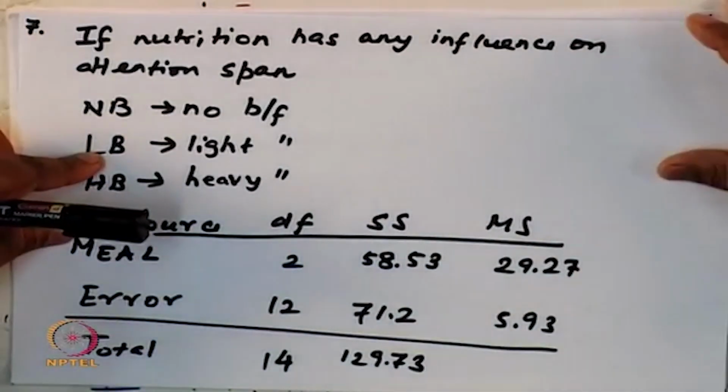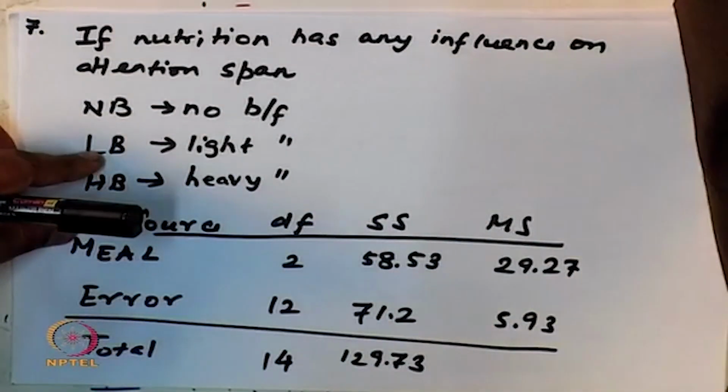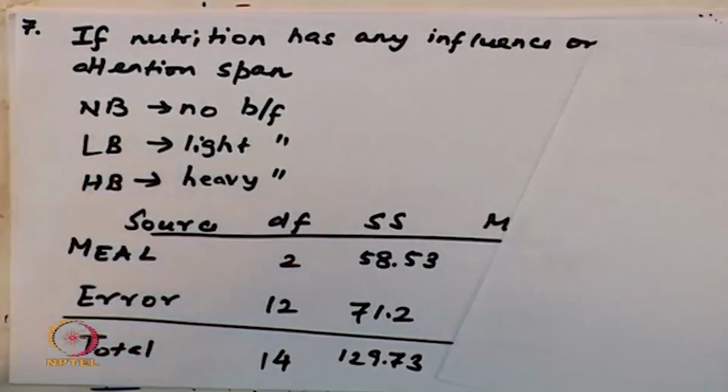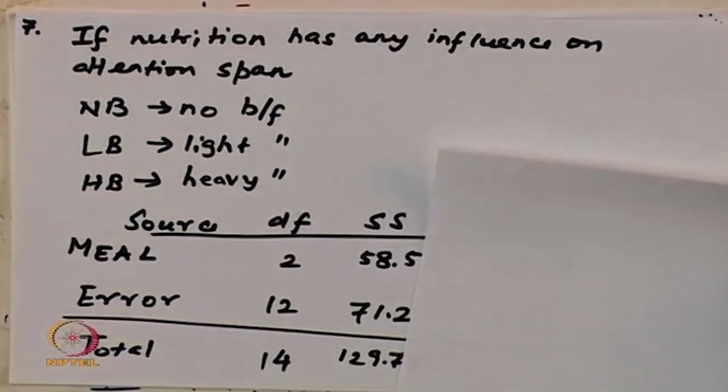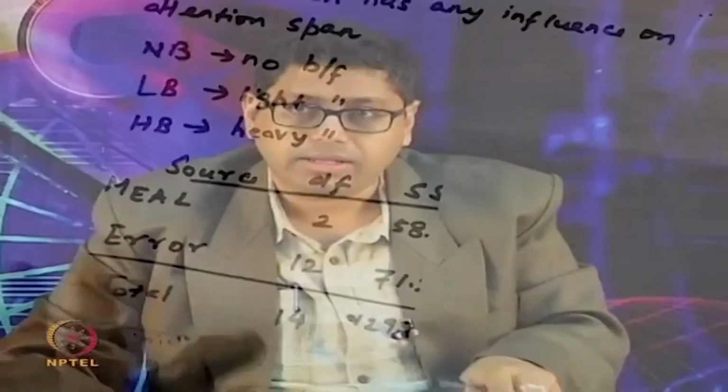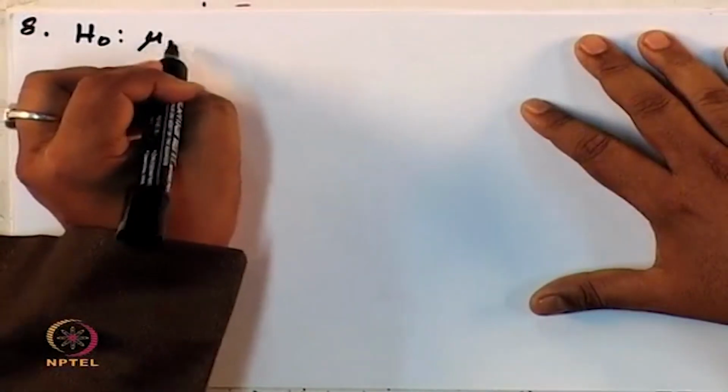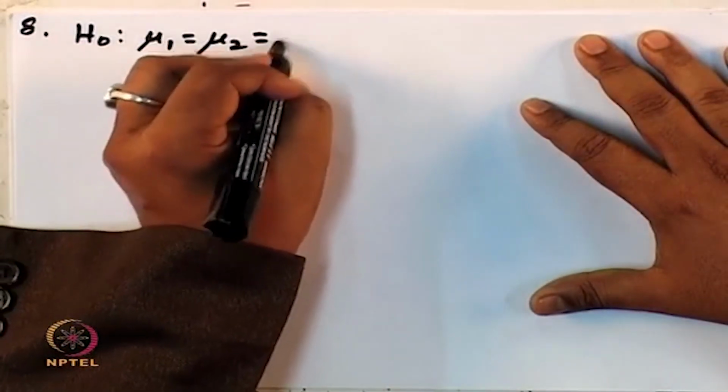So, for this case, let us say if you wanted to test the hypothesis whether nutrition has any influence on attention span, how will we find that out? We will test the hypothesis mu1 equal to mu2 equal to mu3.